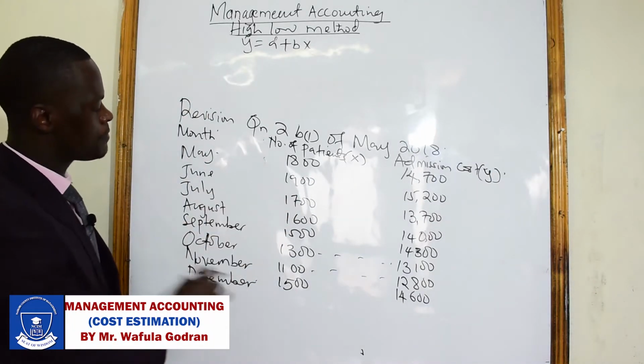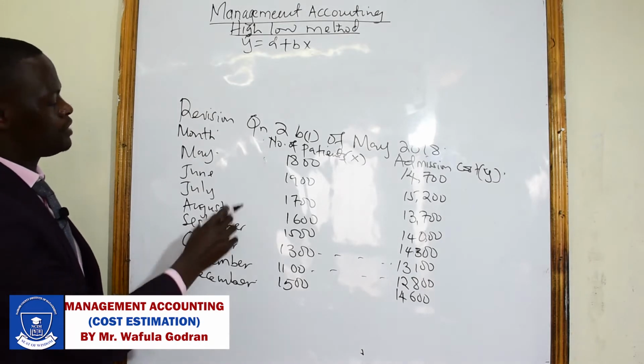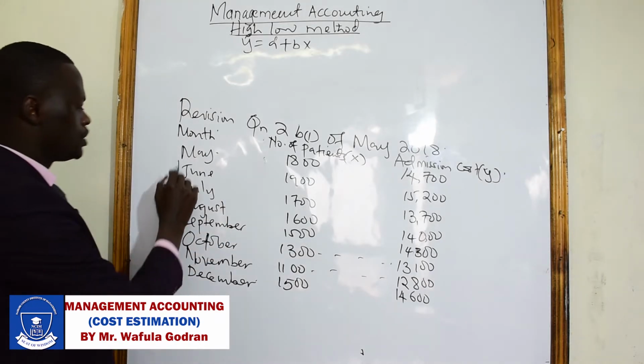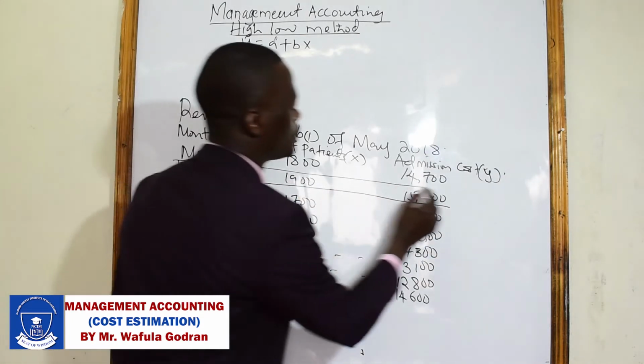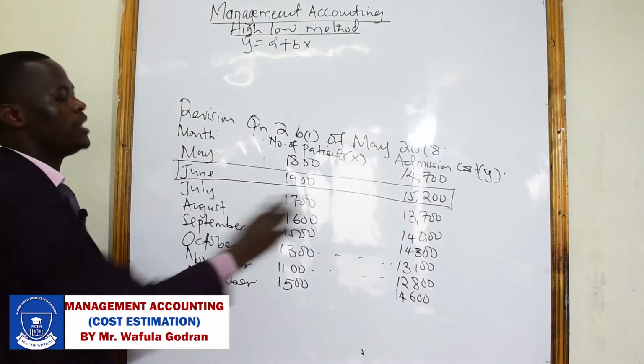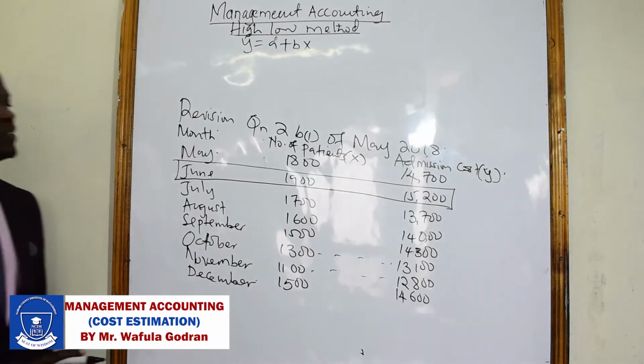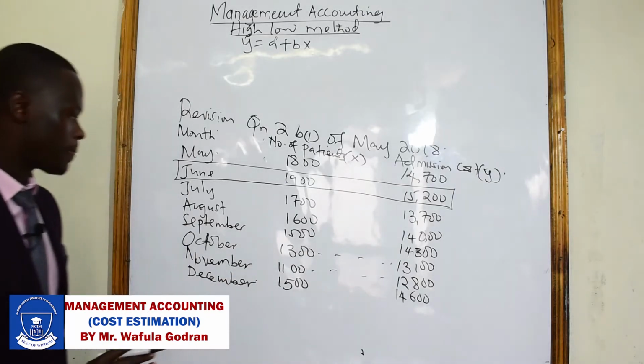So we walk through x and pick the highest level of activity. If you can see, the highest level of activity is in June. So June happens to be the highest level of activity. We establish June with its corresponding cost of 15,200.